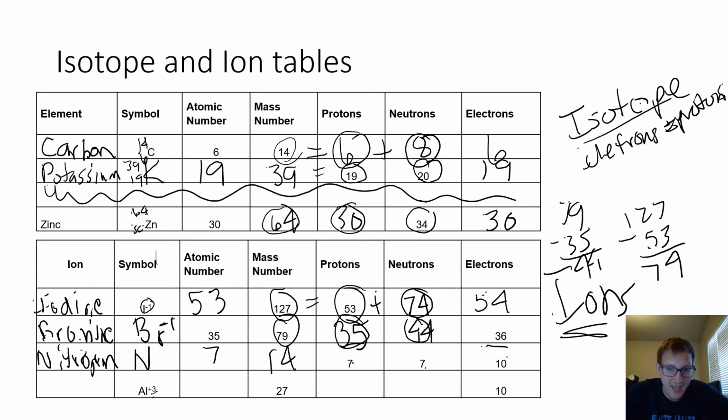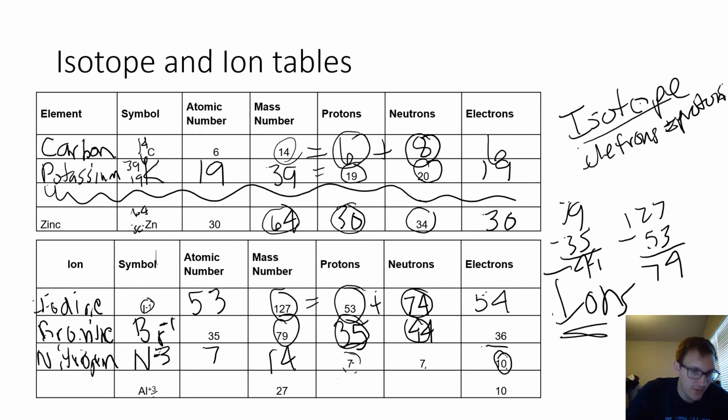Notice that I have 10 electrons. That is a gain of 3 electrons from originally having 7, because originally I have 7 and 7 to make it neutral. So that would be a -3 charge on that one. And then I'm done with nitrogen there. That has everything filled out.